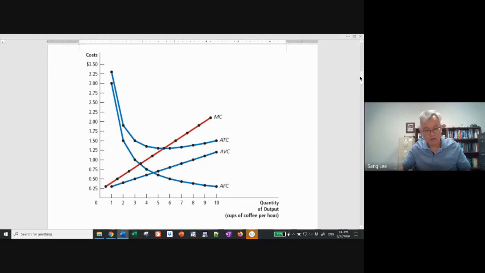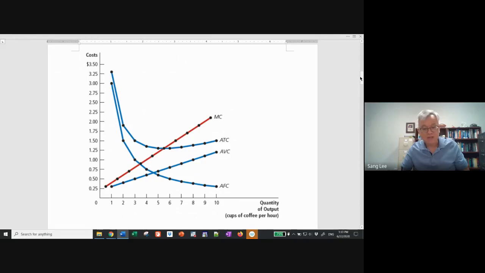So it always declines. Okay, now in the previous table, when we calculated it, the average variable cost was also rising as more output is produced. So the average variable cost curve has a positive slope.